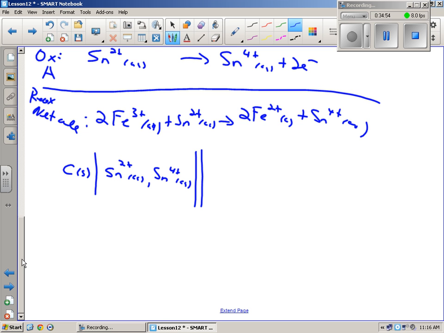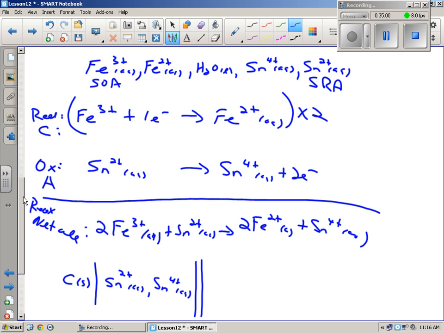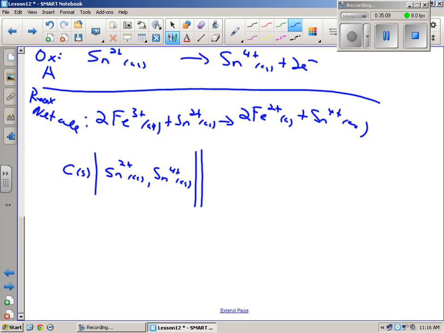That would be in the bottom part of that cell, right? The electrolyte part. What's the cathode electrolyte? Well, Fe3 plus aqueous and Fe2 plus aqueous. Fe3 plus is turning into Fe2 plus. And of course, once again, I don't have a solid for my cathode, so I have to use carbon here again.